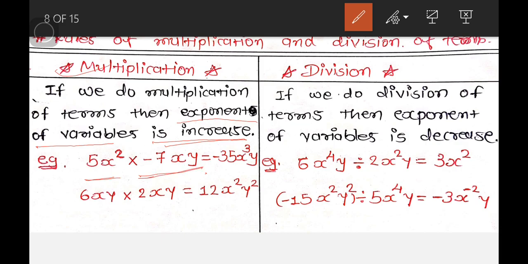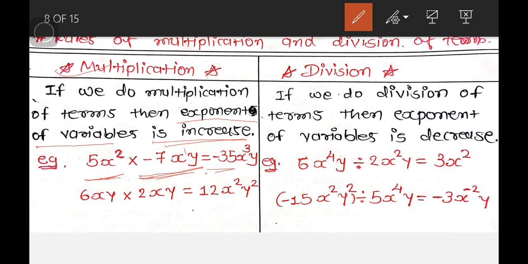First we multiply 5 and 7, which gives 35. Both terms have different signs, so we put a negative sign. Now the variables. The first term has x square and the second term has x raised to 1.